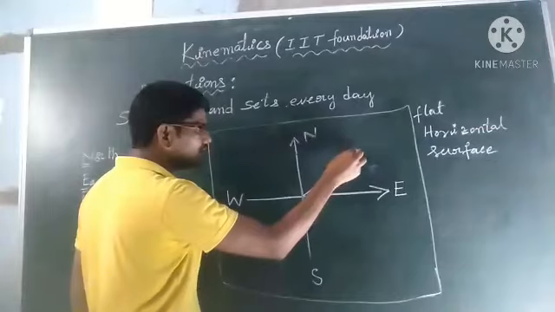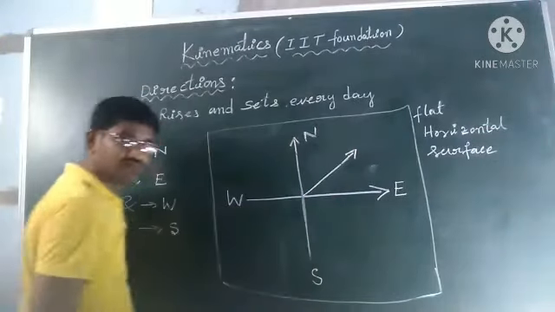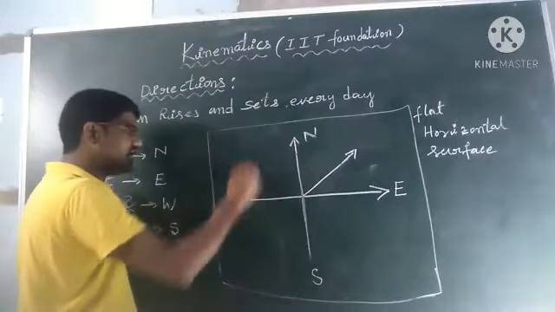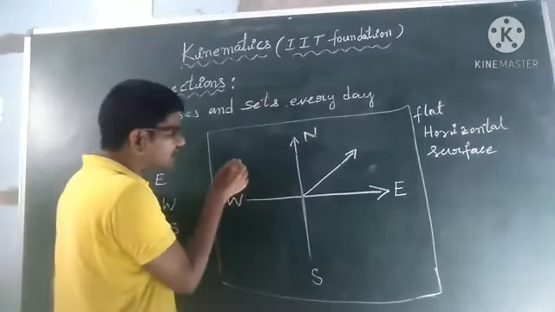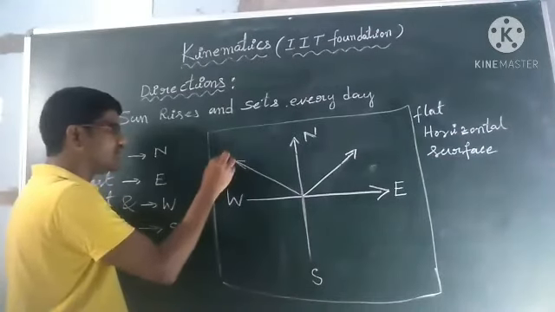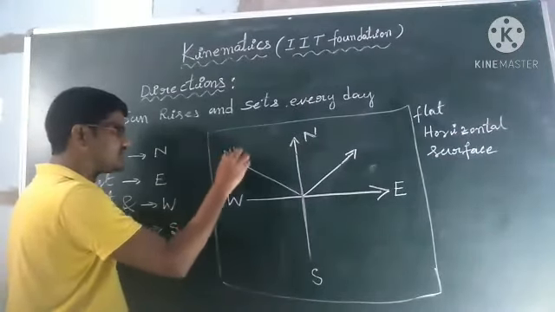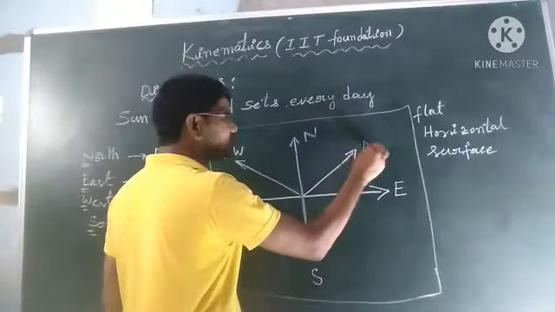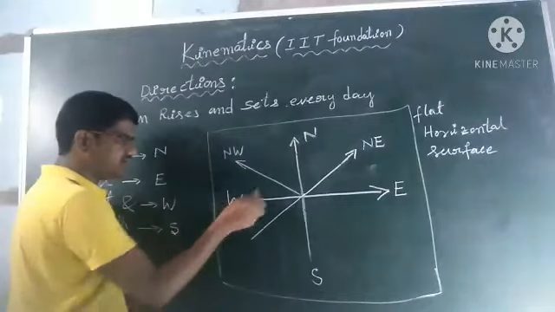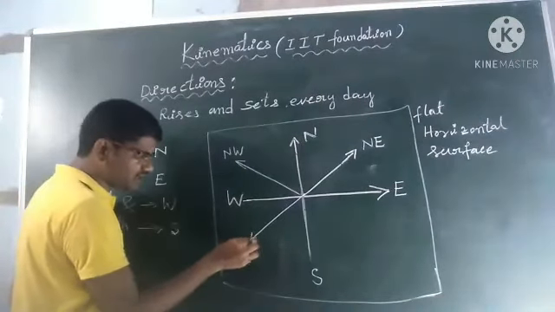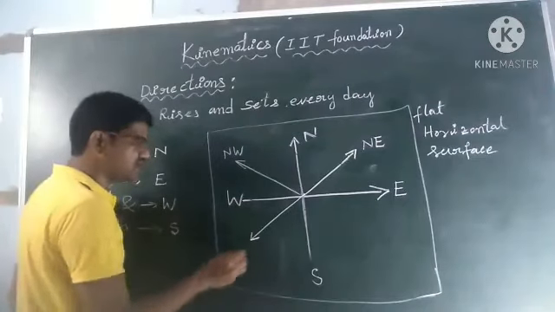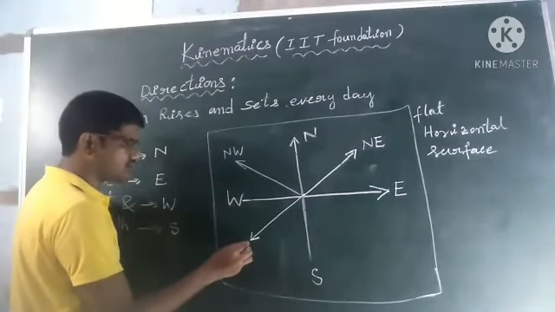If anything is exactly lying between north and east, it is called northeast. Anything that lies exactly between north and west is called northwest. If any vector quantity is lying exactly between south and west in a horizontal plane, it is called southwest.